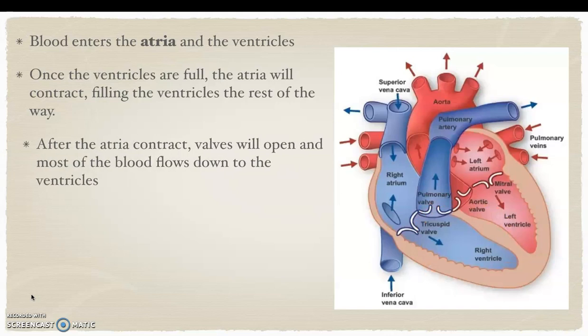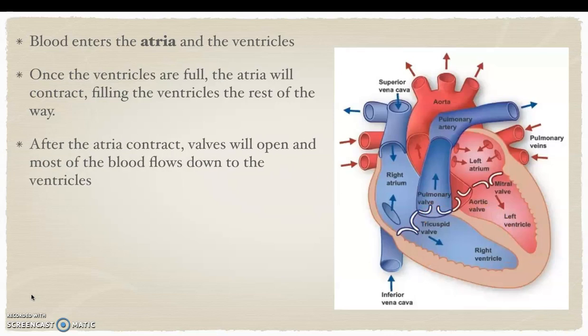How will that happen? After the atria contract, valves will open and most of the blood flows down to the ventricles. So the valve is right here. What are valves? Valves are little door-like flaps. So this door will allow what? Blood to go from the atrium to the ventricle.